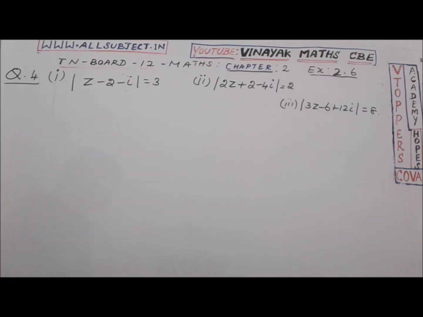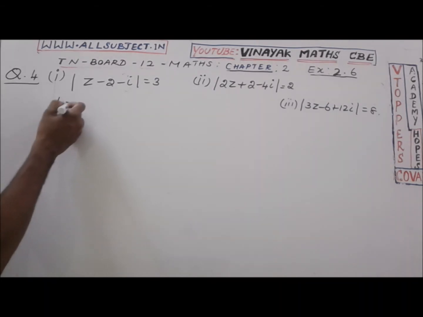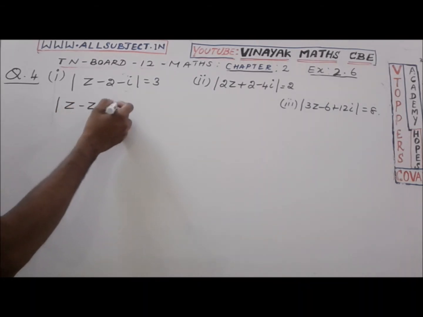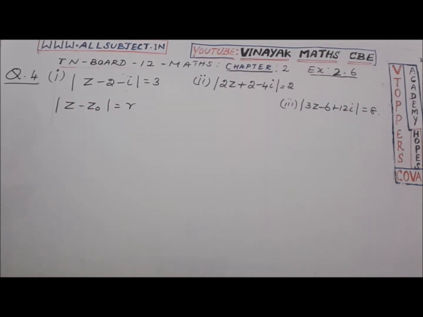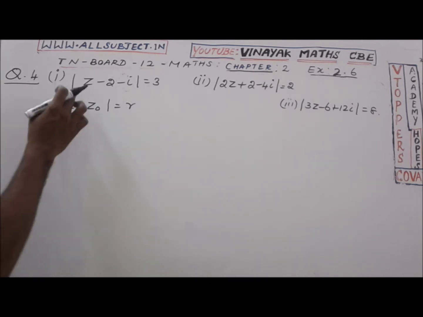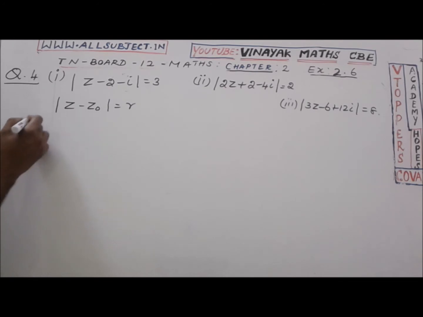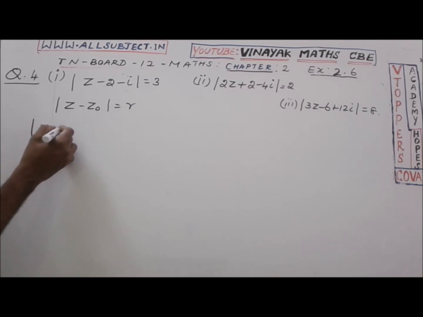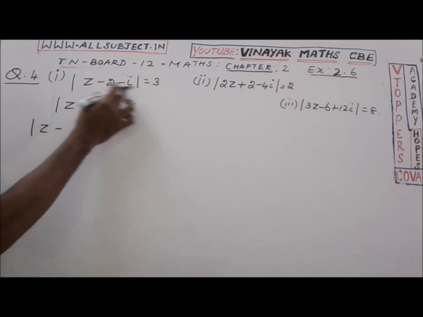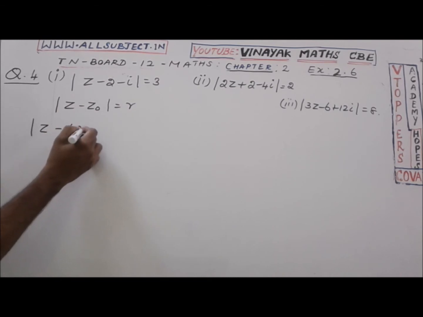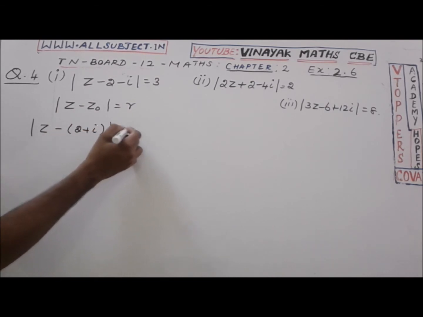Subdivision number 1. We have the formula modulus of z minus z naught equal to r is the equation of the circle in complex form. So we should change the given equation into this form. Modulus of z minus, taking out minus from these two terms, minus of 2 plus i, equal to 3.